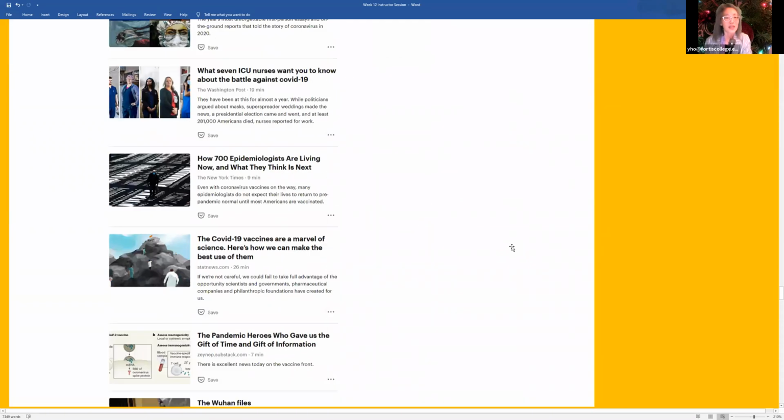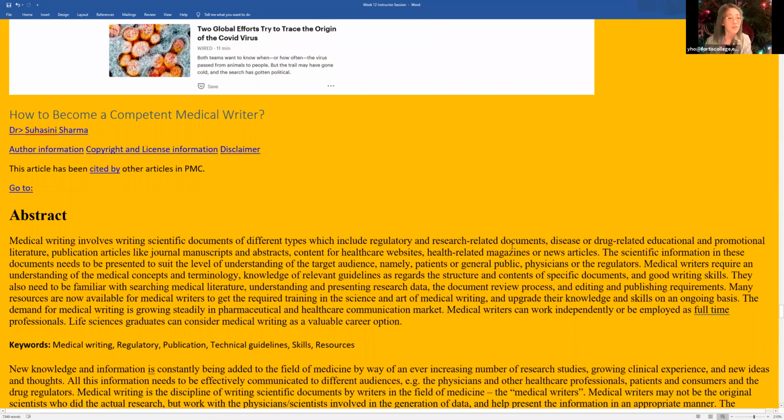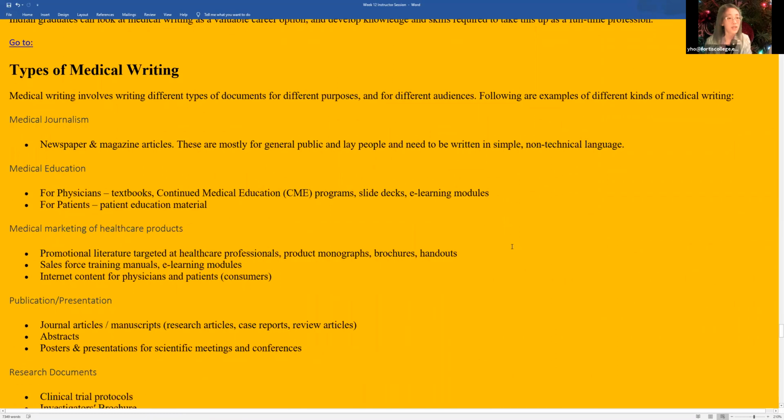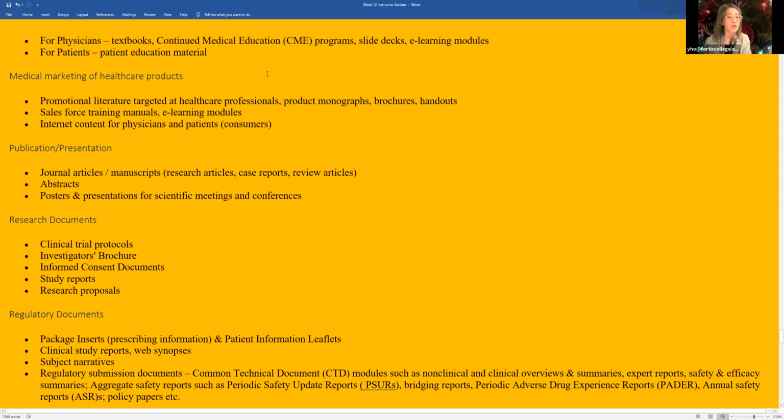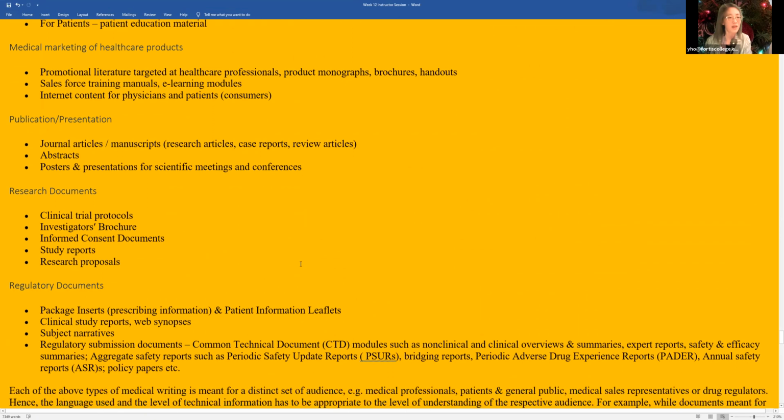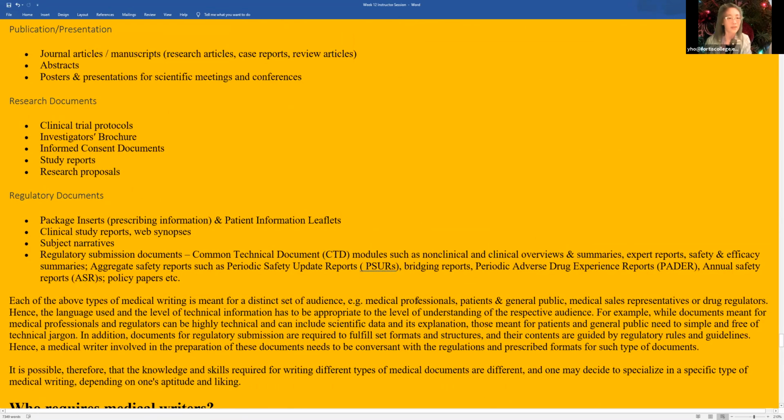Then you can go into medical journalism, medical education, sell healthcare products, do journal articles, abstracts. There's even a book that says how nurses can publish and do research. Some nurse wrote a whole book about that, which I'll include next time.